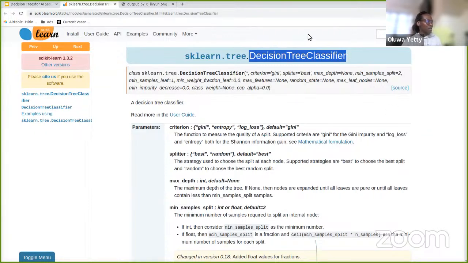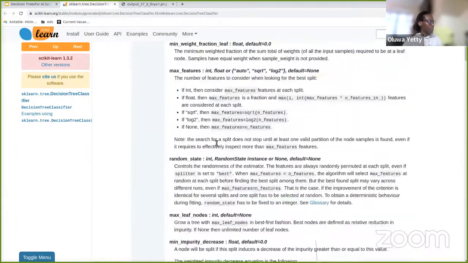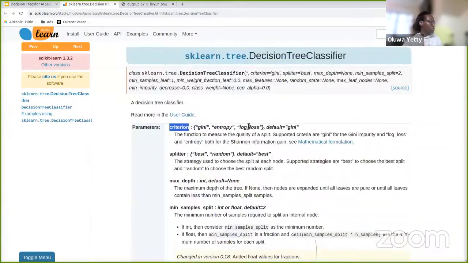But this is the sklearn documentation, and like I said, it has many parameters, but I only explained 3 of them. So the criterion: the default is Gini, but they have entropy and log loss.